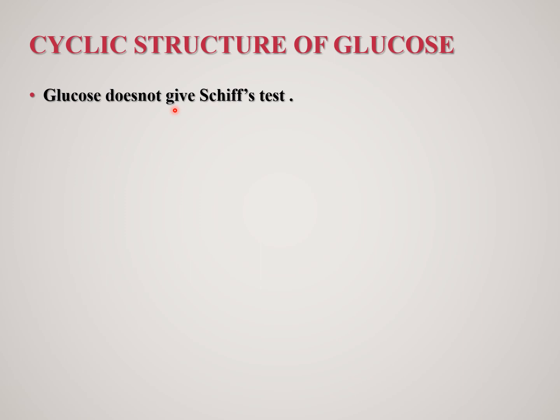All aldehydes will immediately give pink color with Schiff's reagent. So if you add Schiff's reagent to an aldehyde group, immediately you should get pink color. Glucose has aldehyde group, that's what we have discussed. But when you add Schiff's reagent to it, you do not get that pink color. So this was very baffling, very confusing. Glucose has aldehyde, but it is not answering this chemical test with Schiff's reagent.